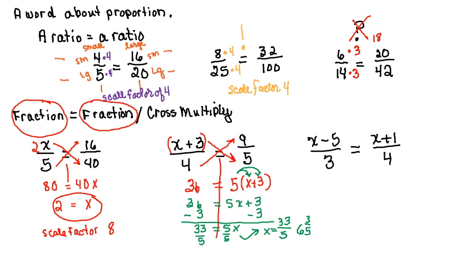And again, we're just going to cross multiply on the next one, just a little bit bigger, the extreme over the means. It's 3, and it's not 3 times x. I heard you. It is 3 times x plus 1 equals 4 times x minus 5.